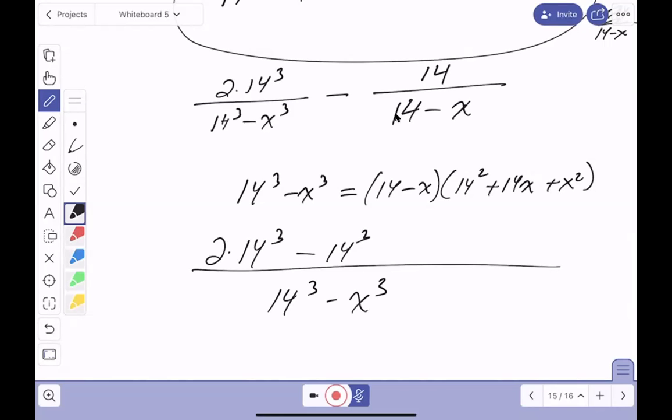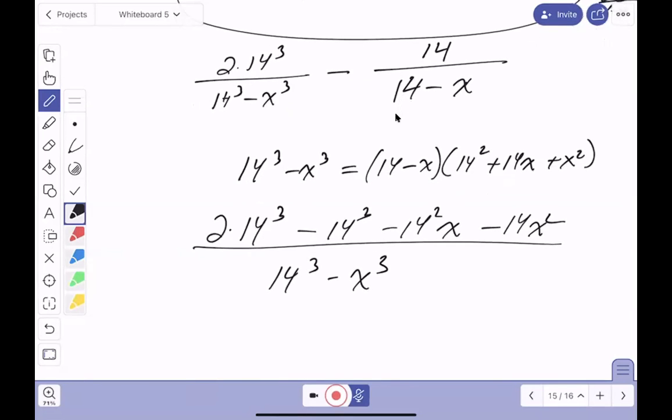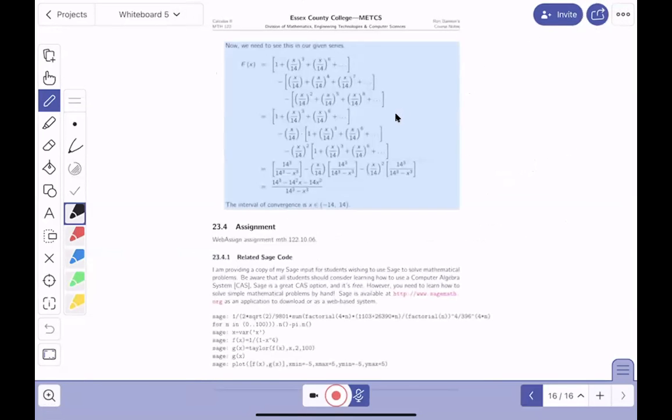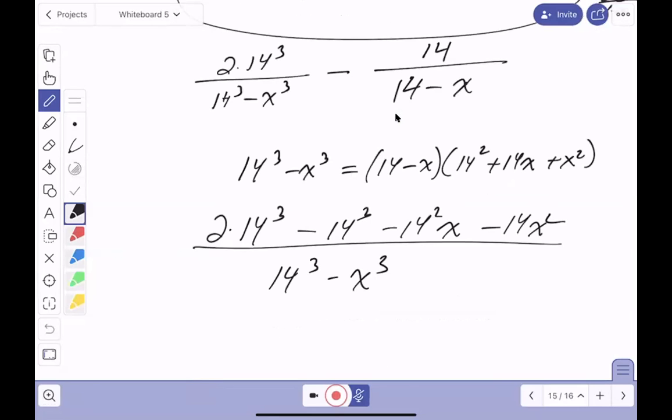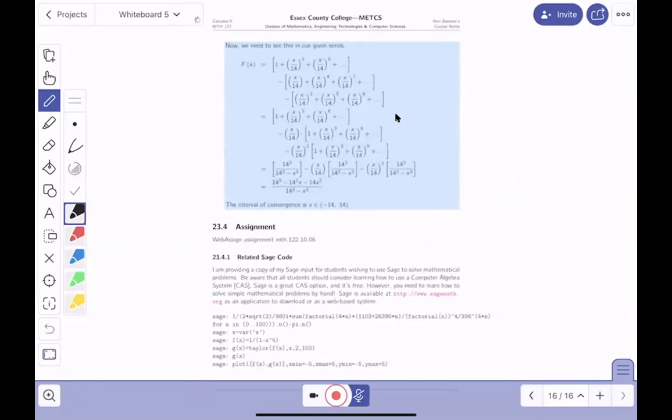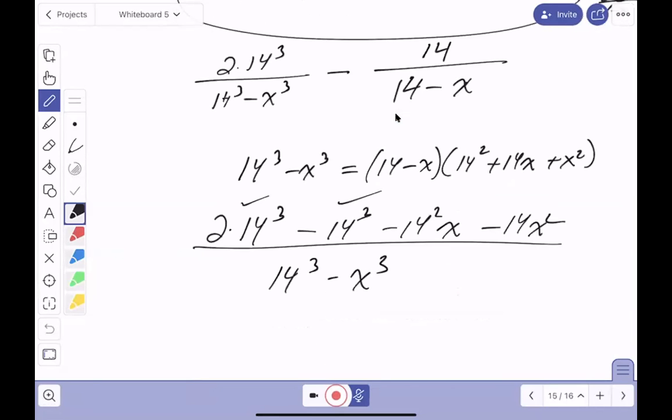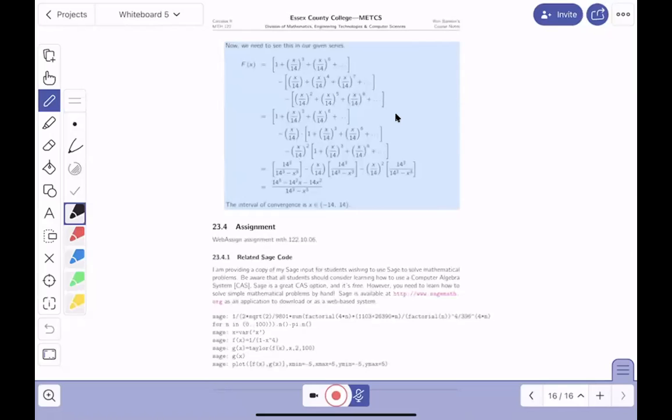I'm just multiplying it out, by the way. Minus 14 squared x minus 14x squared. All right, let's go to the next page, see if we got it. Did I get the 14 cubed? I did. 14 squared x, I did. 14x squared, I did. And 14 cubed minus x cubed on the bottom, I did.